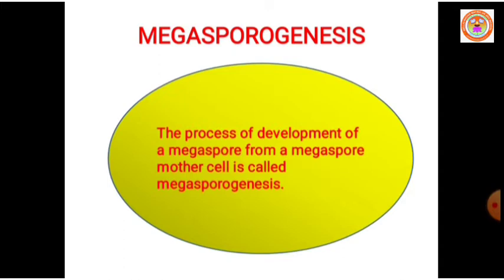The process of development of a megaspore from a megaspore mother cell is called megasporogenesis. How is it happening in plants?